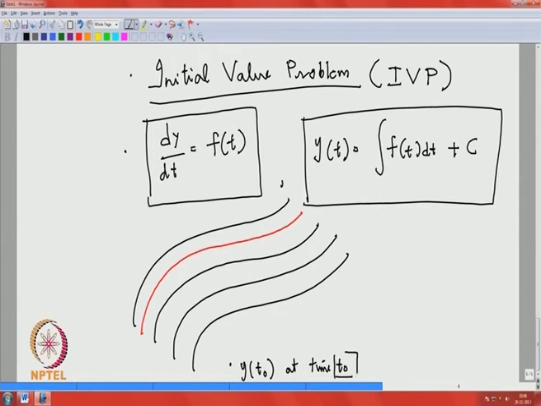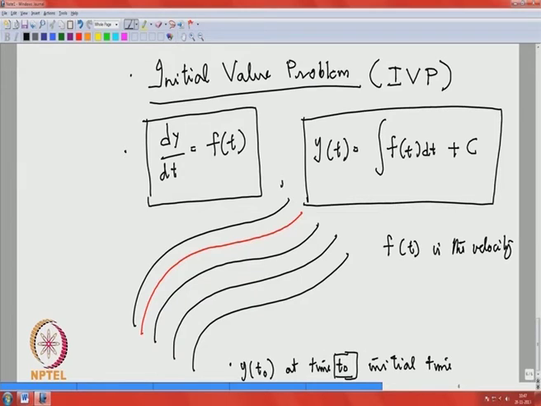This time t naught is called the initial time, and f of t is the velocity at all times. That is a standard physical problem: if you know the initial position and velocity at all times, your job is to determine the trajectory.